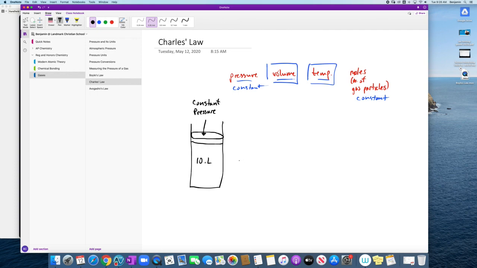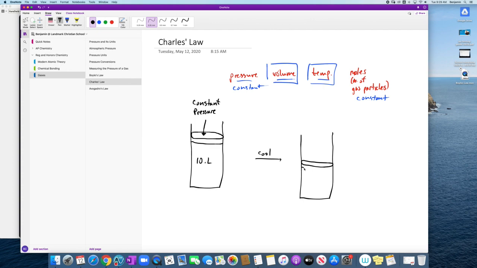And let's say we start cooling that gas down. So we cool it down, and we start noticing something. As we cool it down, we'll notice that the gas sample starts getting smaller.